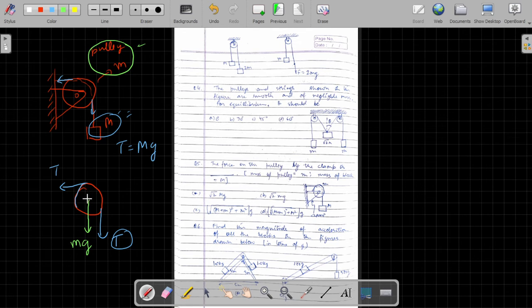To counter all that, there would be a force exerted by the clamp on this pulley, which would be able to counter forces number 1, 2 and 3. So we have to find the clamp force, Fc.